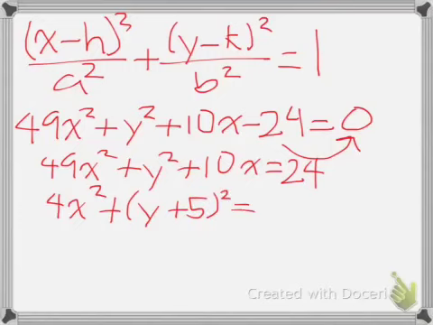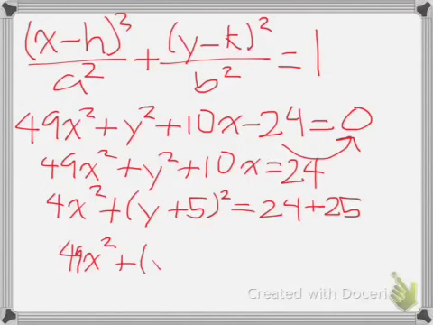equals 24. So here, to complete the square, you have to add 25 to both sides, since 5 squared is 25, which leaves you with 49x squared plus quantity y plus 5 squared equals 49.